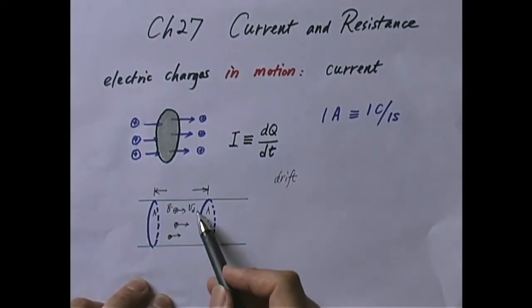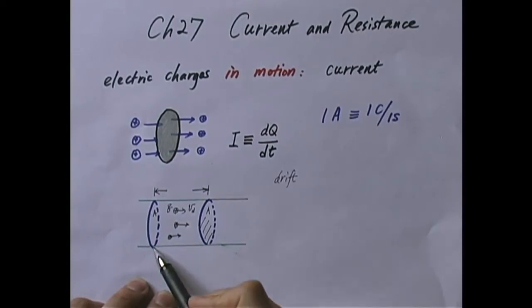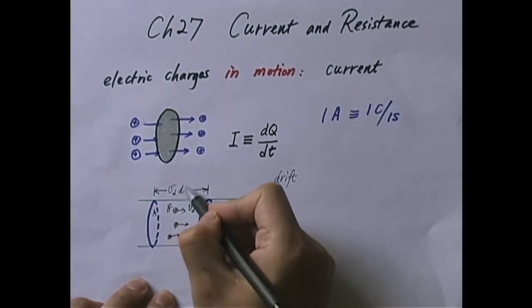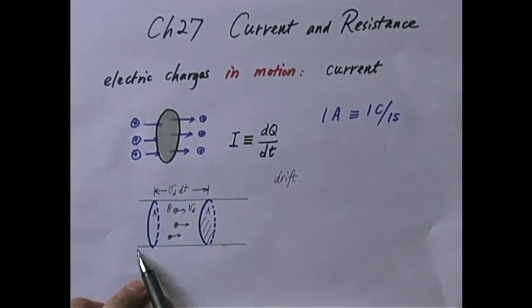If the speed is Vd, then it can move a distance of Vd times dt over a time interval dt, and therefore if a charged particle is right here, a distance of Vd times dt away from this cross-section, it can barely reach the desired cross-section. If a particle is further away, here or here or here, then it will not be able to make it.